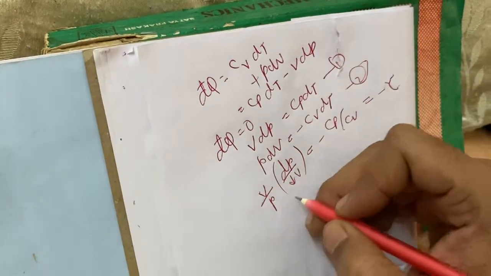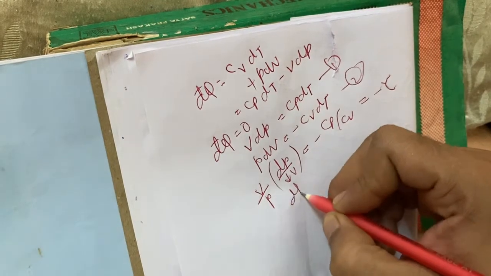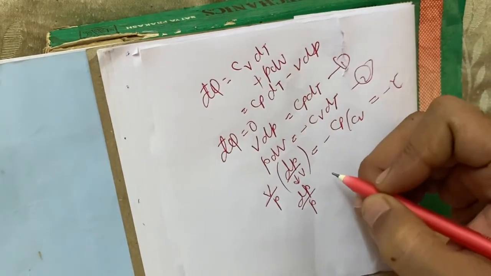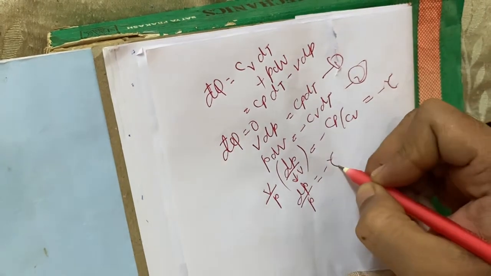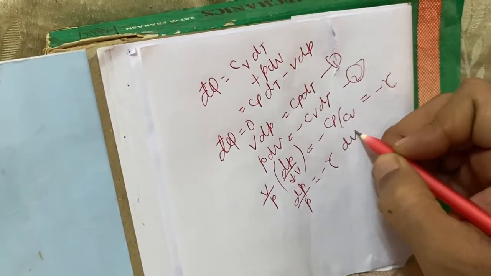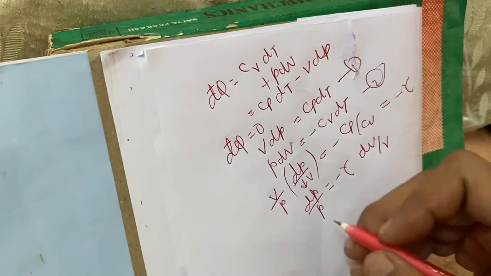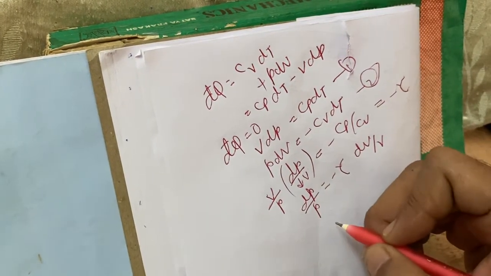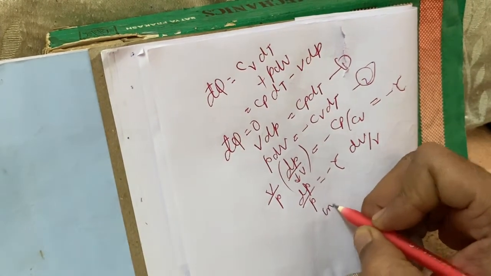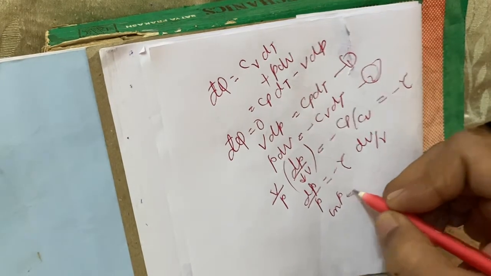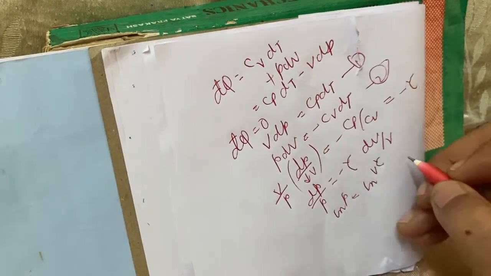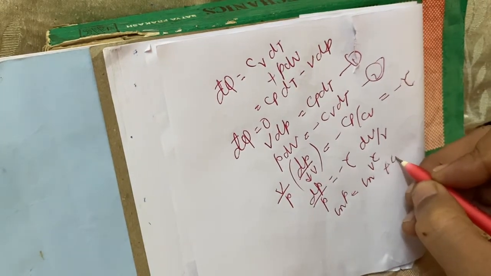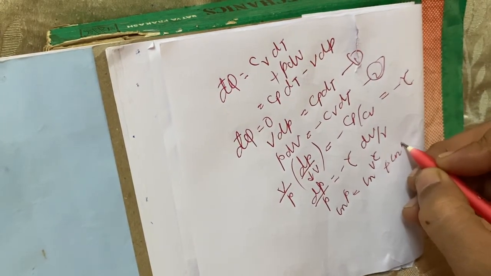So, just doing some mathematics, dp by p is equal to minus gamma dv by v, and if we integrate, what will we get? ln p is equal to minus ln v to the power gamma plus ln k.